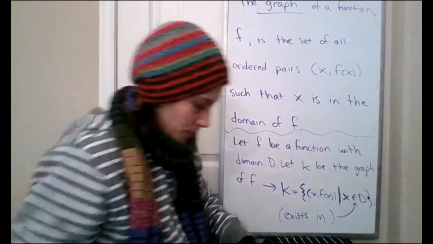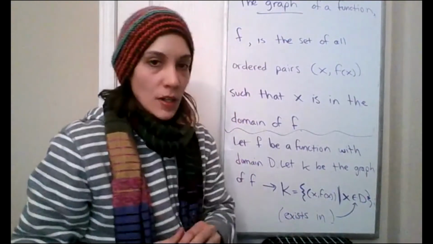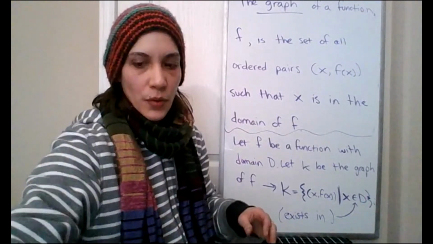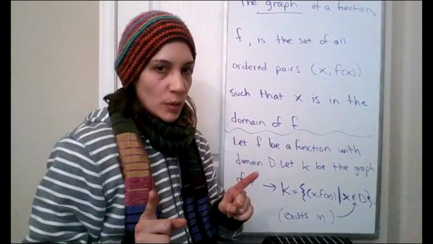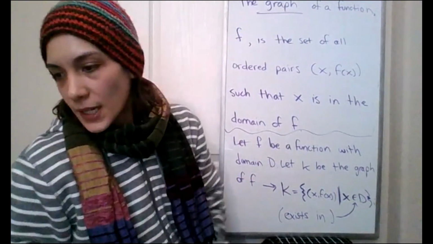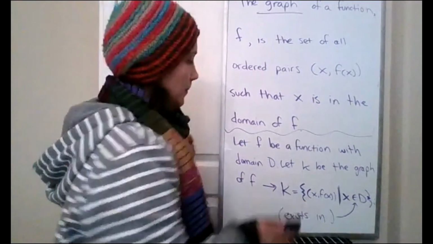Okay. So now I'm sort of introducing some of what we're going to go over in chapter 2. It's average rate of change.